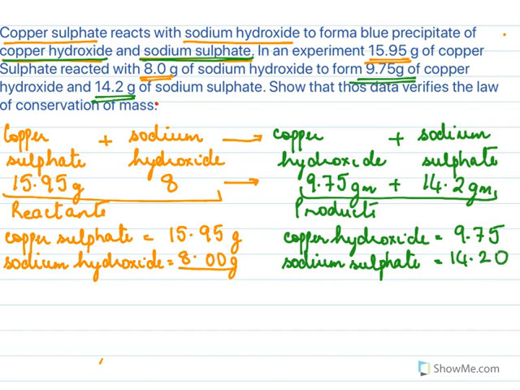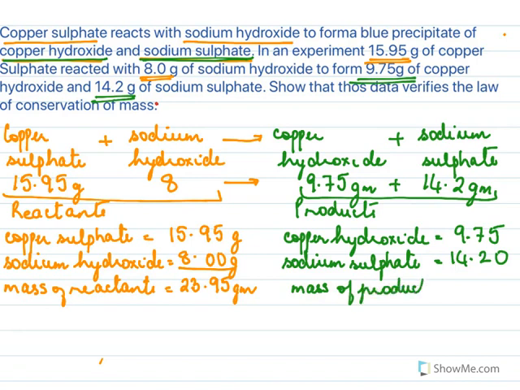So we'll now calculate the total mass of reactants. If you add them, you get 23.95 gram. And the mass of products, you add this up, you get 23.95.